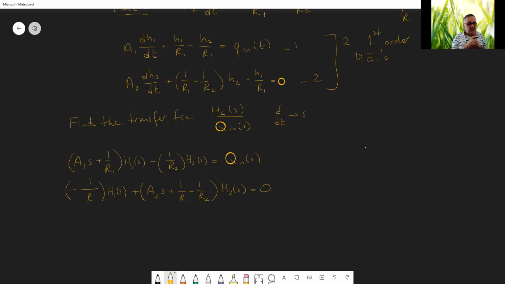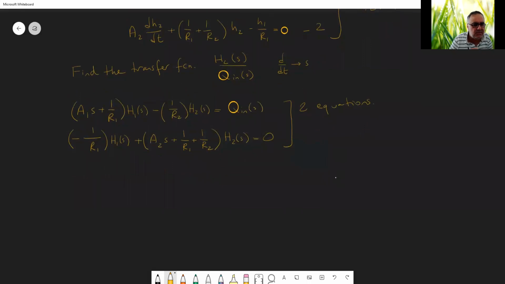Now, these are actually two linear equations, as you see, which can be solved by Cramer's rule, or you might solve for H1 from the second one, substitute into the first one, and then solve for H2. Both are possible. I don't want to do the details. I'll just give you the result.